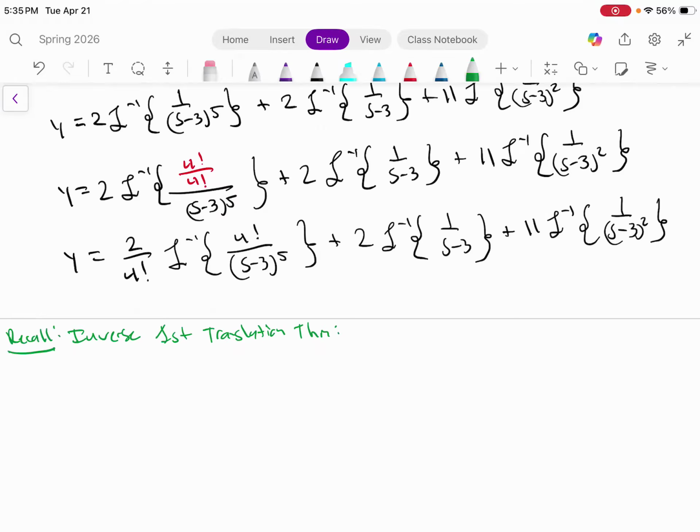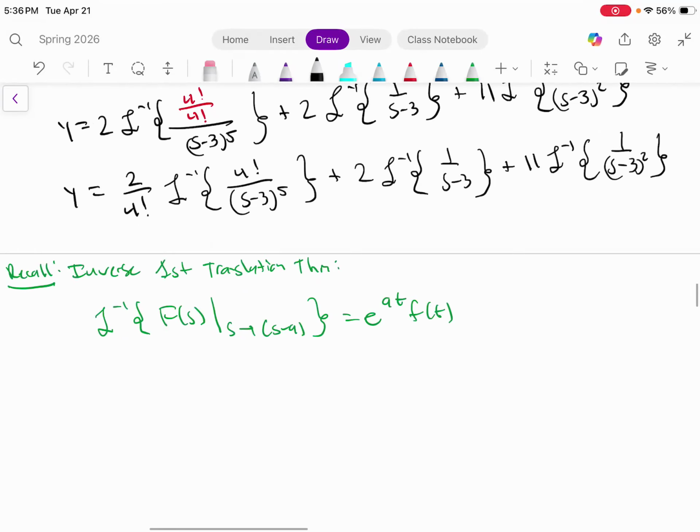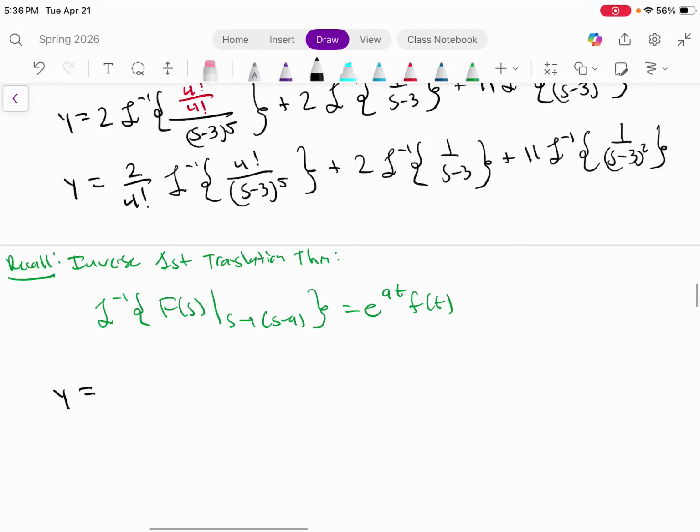Inverse Laplace of F of s, where s is shifting by A units, is just e to the at times f of t. So y is going to equal 2 over 4 factorial, that ends up just being 1/12.